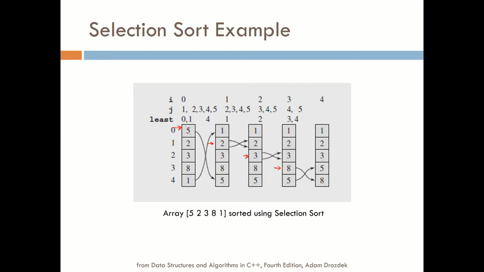Then for each one of these, like when I was trying to position the thing at the 0th element, I actually had to travel through the whole remaining part of the array. Well, that's the summation, if you'll recall, and that summation is n squared, because initially I have to look through 4 places, and then in this case I have to look through 3 places, in this case 2 places, and in this case 1 more place. So this is the summation that works out to be n squared.